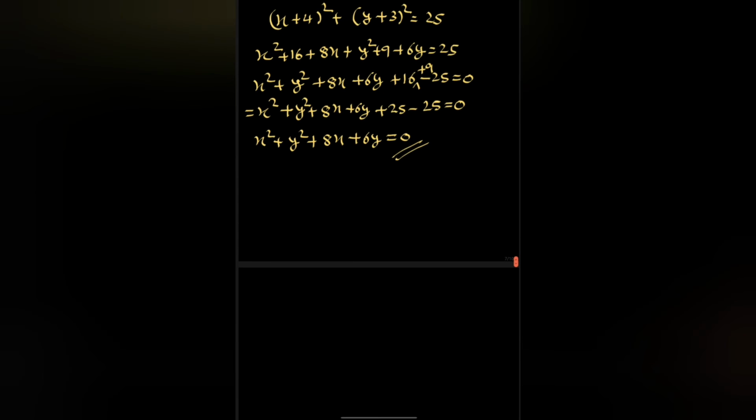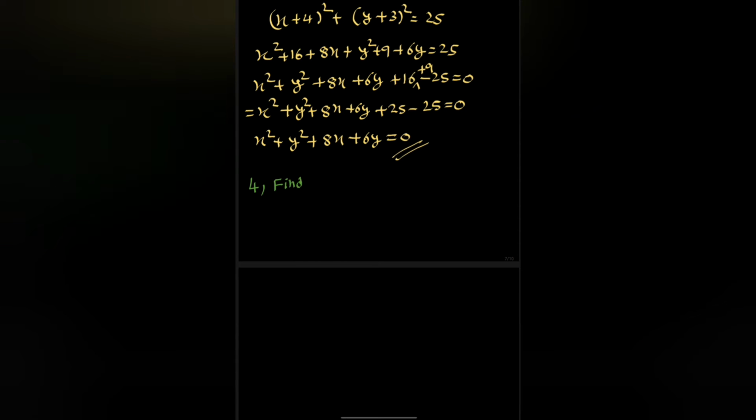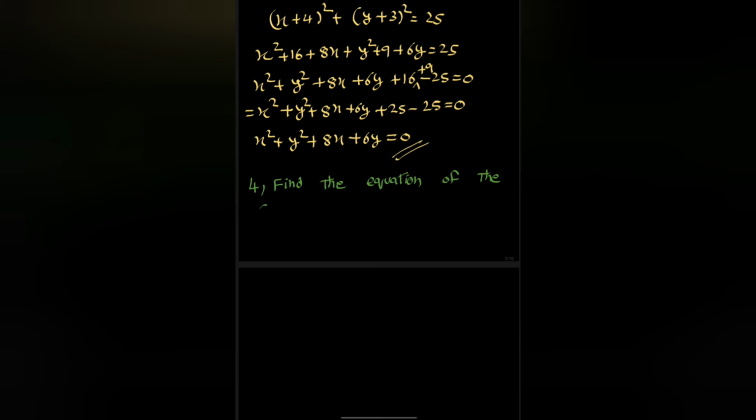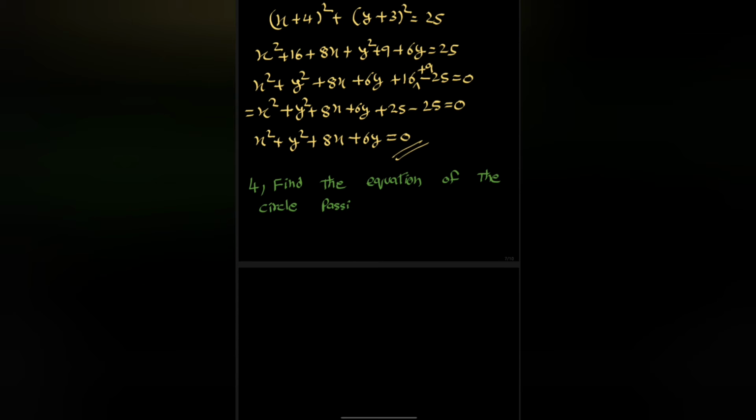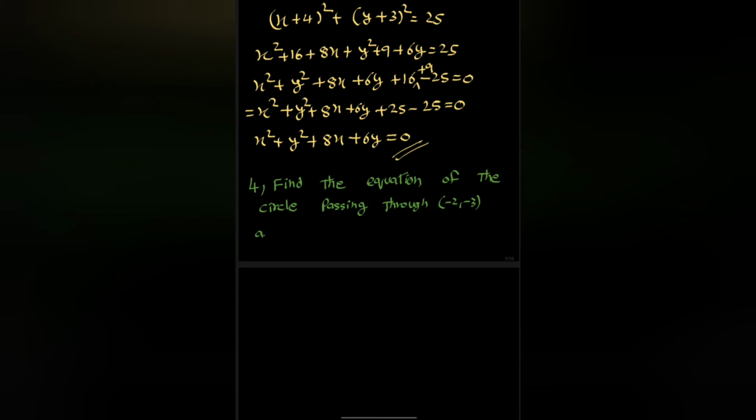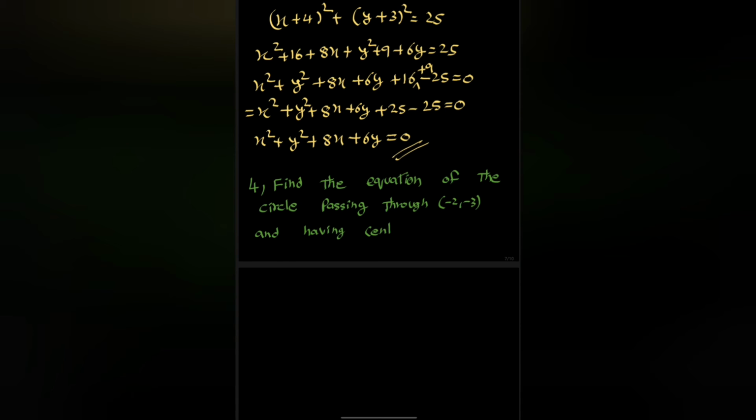Moving on to the next question. Find the equation of the circle passing through -2, -3 and having center 0, 0.